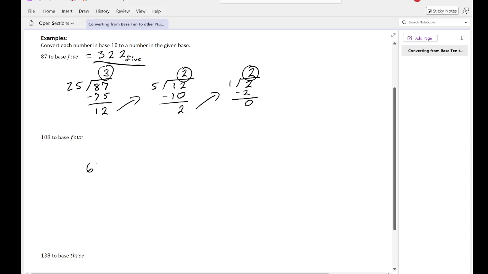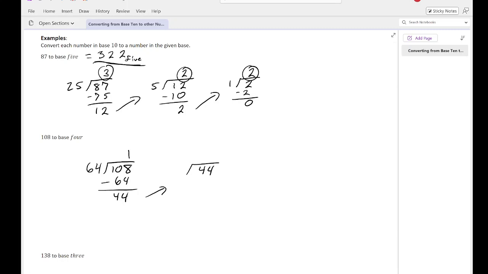So 4 cubed, 64, divided into 108. 64 can go into 108 one time, and that's going to give me 44. Now I'm going to bring that over, and again I need to find a power of 4 that will not exceed 44.